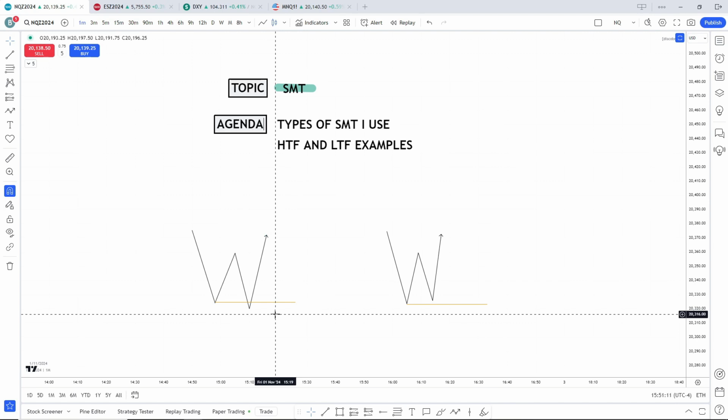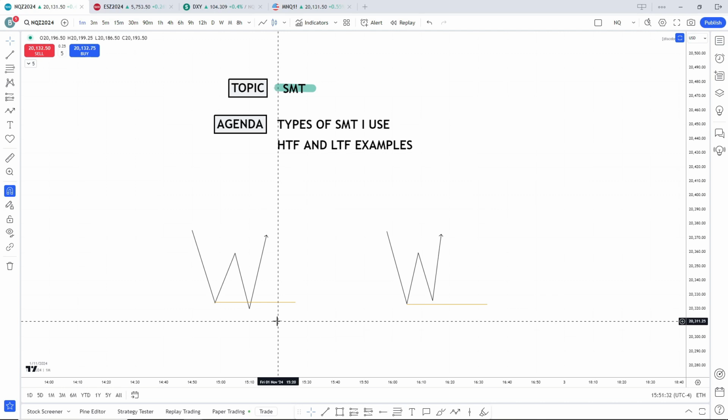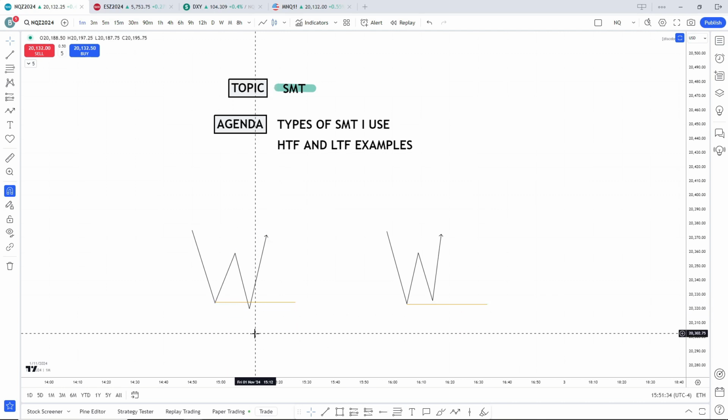Well, if you, like myself, are under the impression that the market is not based on randomness, not based on buying and selling pressure, and is in fact run by an algorithm, and there are people in this game who are a lot smarter and have a lot deeper pockets than us, who tend to drive market price a little bit more than we do.